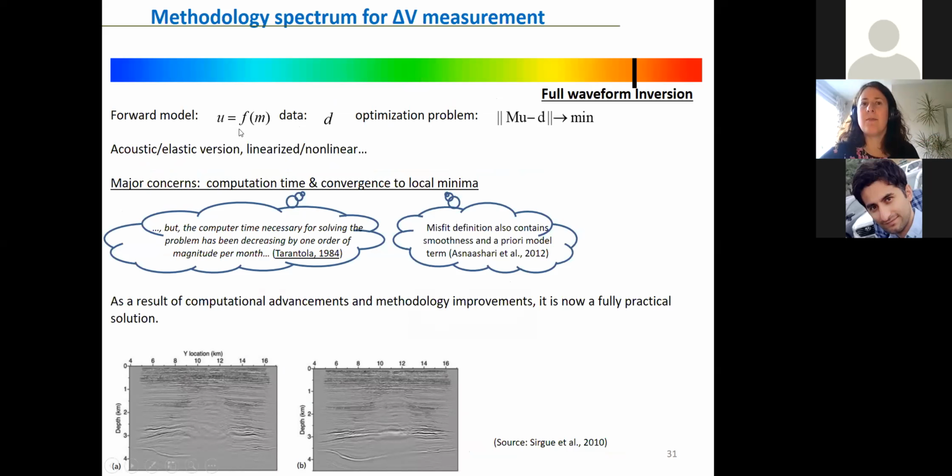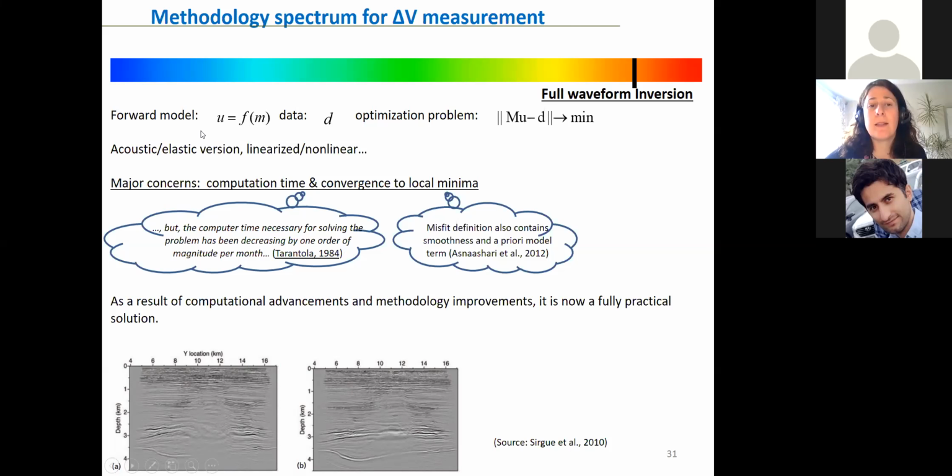So in a very abstract way, you can think of full waveform inversion as a comparison between synthetic data. So this is your synthetic data, and it consists of a forward model of your model parameters, okay? And in this case, your model parameters are the subsurface elastic properties, and your forward operator is the seismic wave equation.